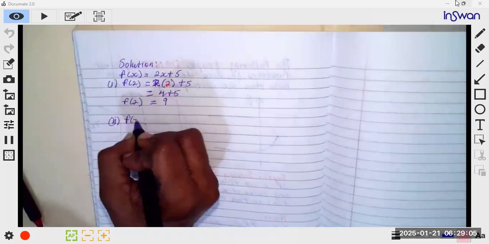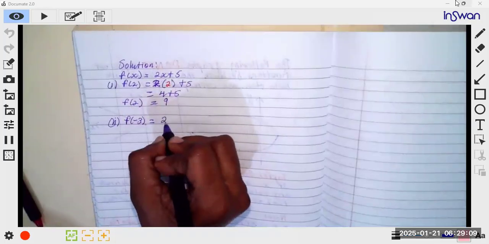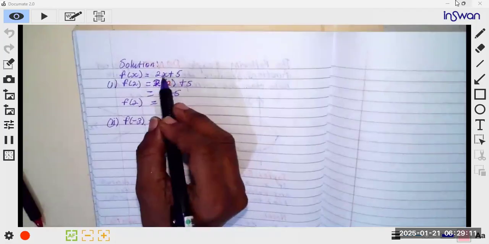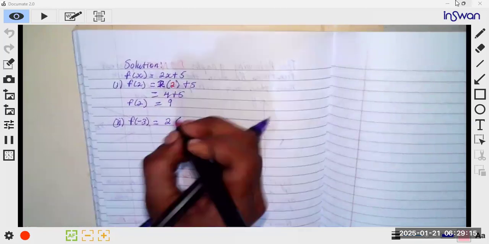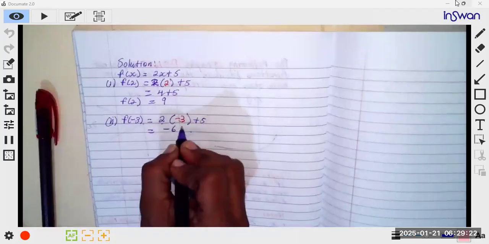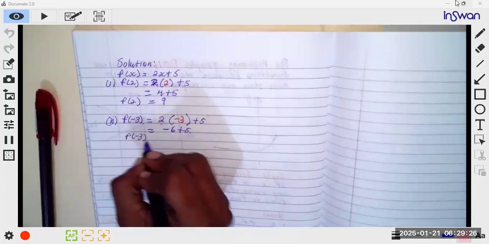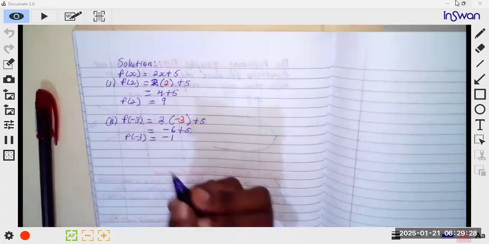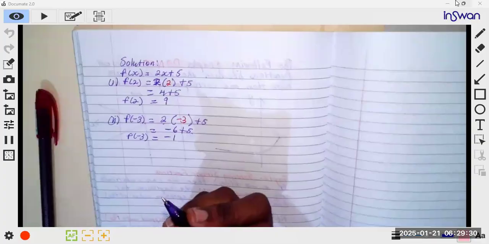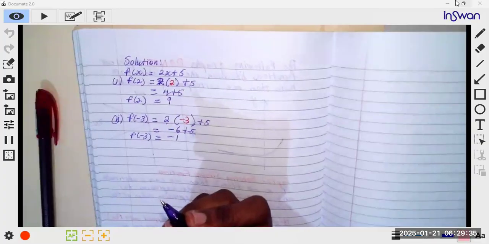Instead of the x here, what I'm going to put now is -3. So 2 times -3 will give me -6, plus 5. So f of -3 will give me -1. Okay with that, y'all? Yes or no?